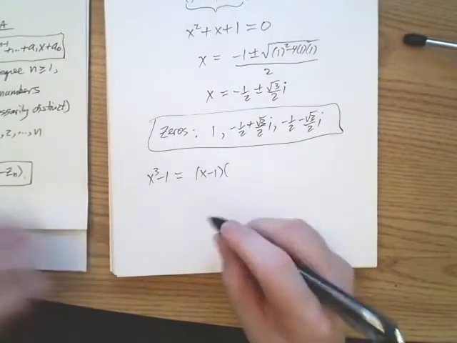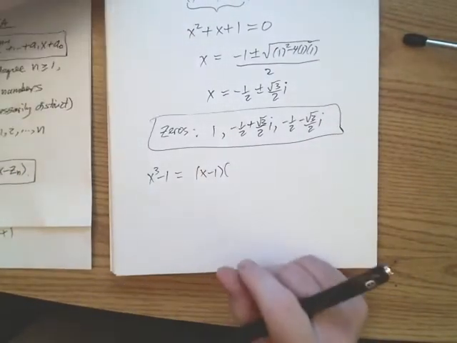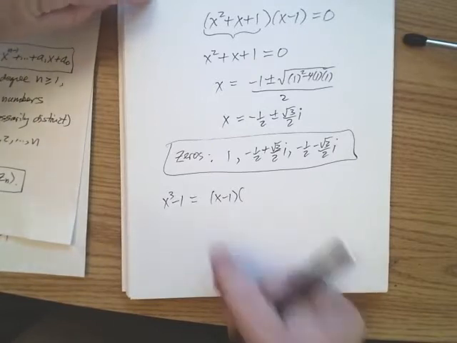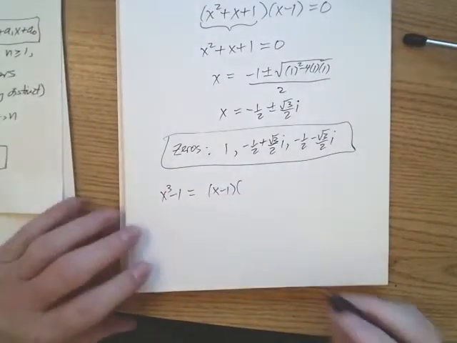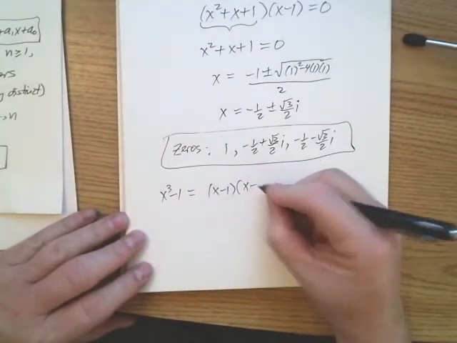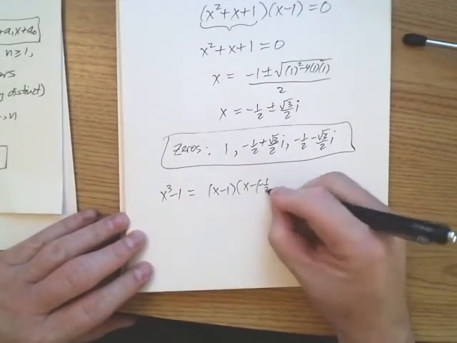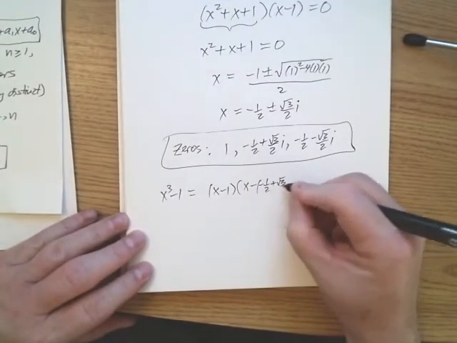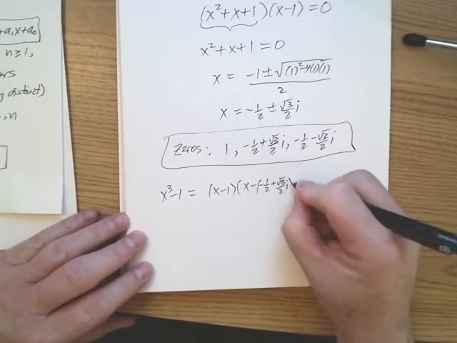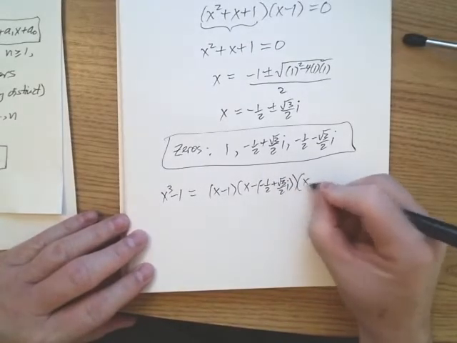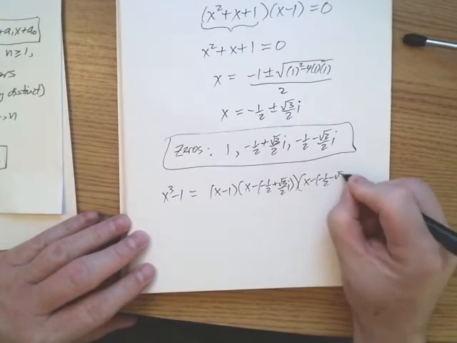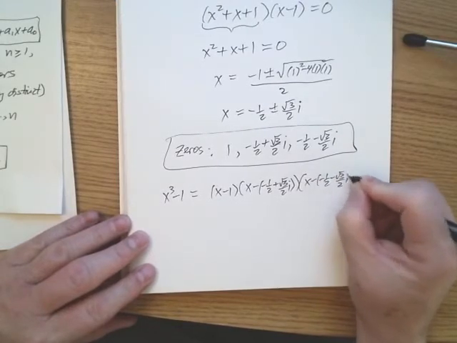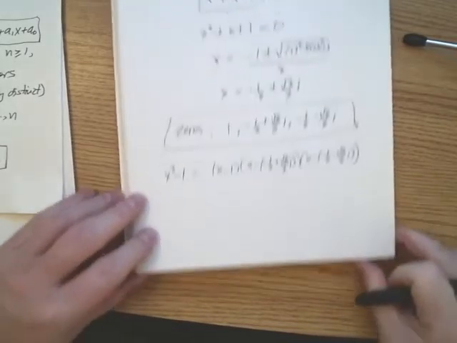The leading coefficient in the x cubed was 1, so I really didn't write anything this time, but if you wanted to, you could write that factor 1 there. But anyways, x minus negative 1/2 plus the square root of 3 over 2 i times x minus negative a half. Got to get the whole thing in parentheses. You're subtracting the entire zero, all right?